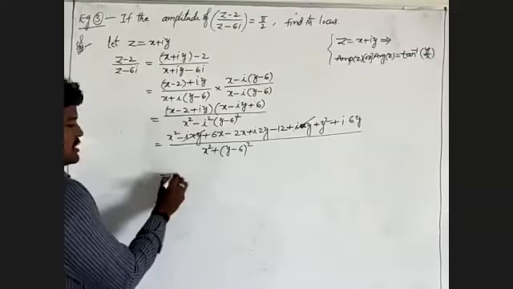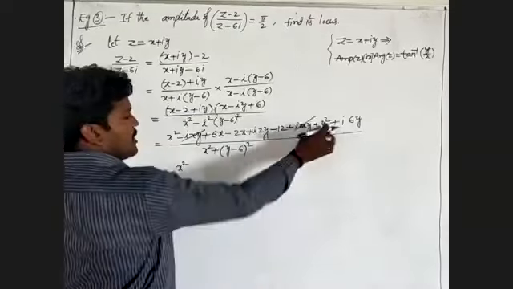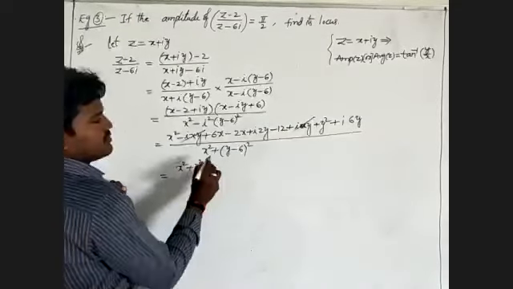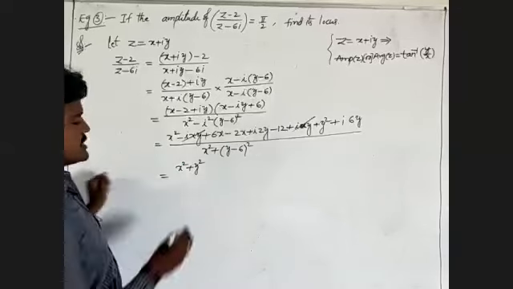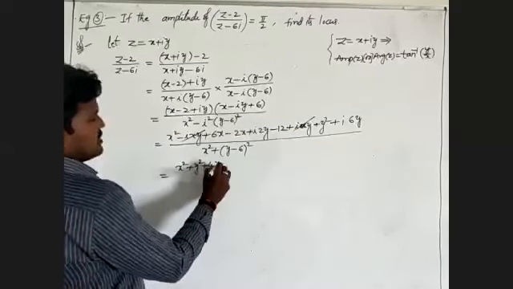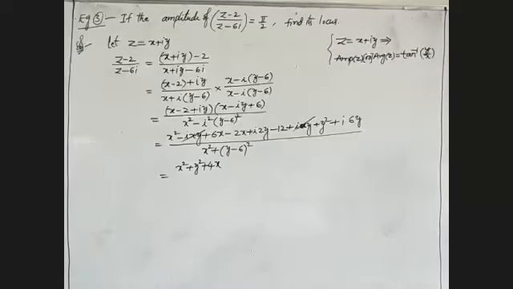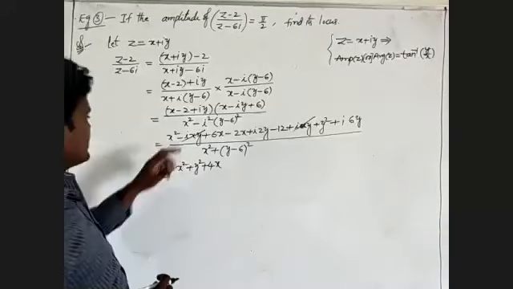Remaining, I will write the x square term, after that the y square term, after that we take 6x minus 2x, which becomes 4x.